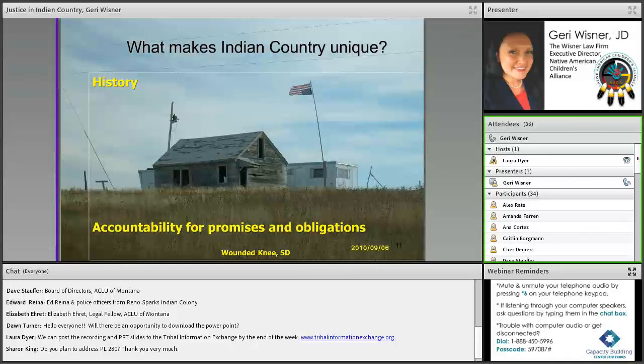If you see the flag, it's flying in a manner that shows distress. In this community, there is a lot of distress, but it's not unique there. There is a lot of distress with outside agencies throughout Indian country, which is pretty much the United States.